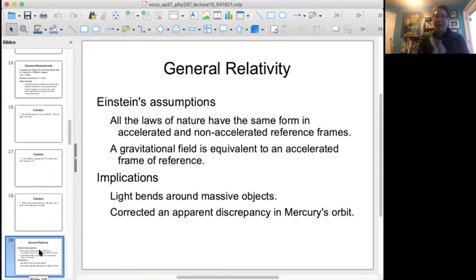That's the big implication. Einstein was able to correct a discrepancy in Mercury's orbit, which was different than what you would have expected from Kepler's laws of planetary motion that work perfectly well for the other planets. But that discrepancy is ultimately a byproduct of its close proximity to the sun.